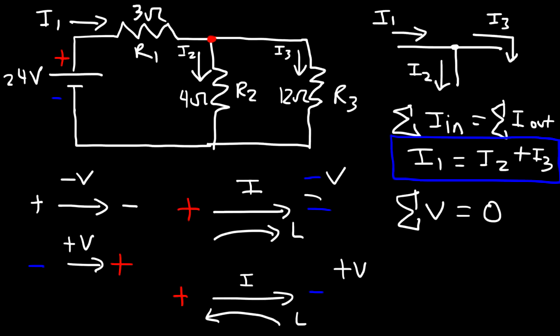If you're going towards a lower potential, that's associated with a voltage drop. And that makes sense. If you're traveling towards a negative sign, it should be associated with a voltage drop. If you're traveling towards a positive sign, that should be associated with a positive voltage, or voltage lift.